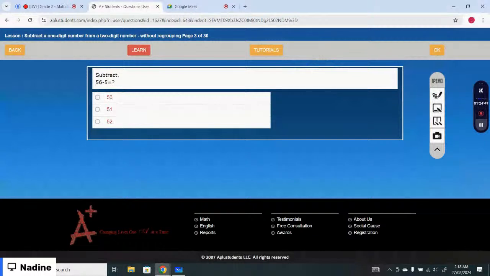Fifty-six take away 5 is 51. It is option number 2 is the correct option, right?